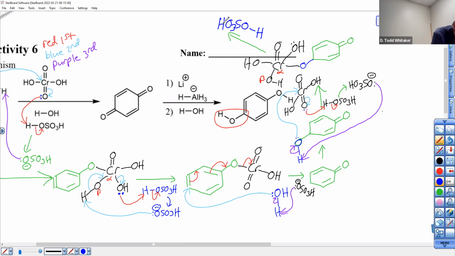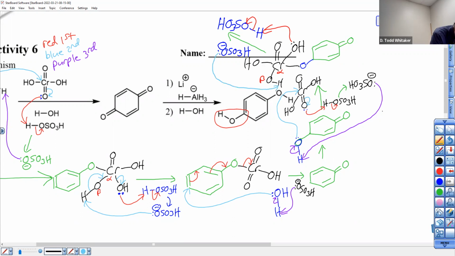And I'm going to eventually need the conjugate base of that species. And step one is to protonate this, make it a better leaving group. Step two is to do the elimination. Grab beta H, baby blue.